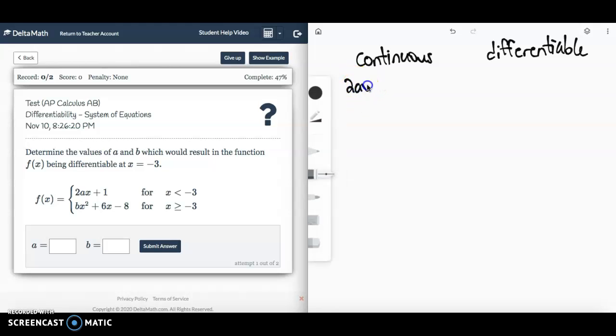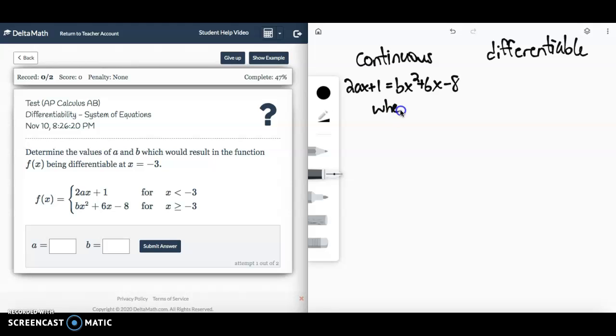So 2ax plus 1 equals bx squared plus 6x minus 8 when x equals negative 3. And then if it's differentiable, their derivatives would have to equal each other. So we'd get 2a would have to equal 2bx plus 6. Also when x equals negative 3.